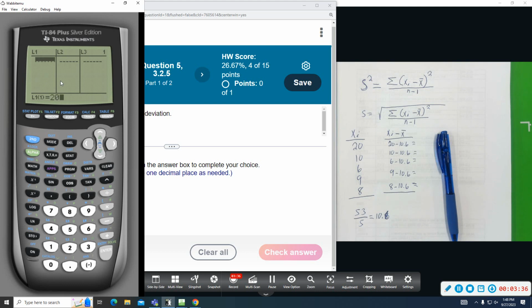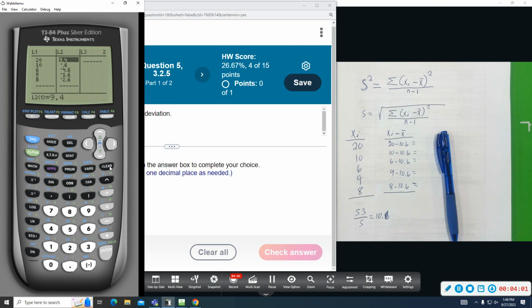So I'm going to input all the data: 20, 10, 6, 9, 8. Okay. So now I'm going to go to L2, and I'm going to tell it to take all of these values and subtract 10.6. So I'm going to say second L1, take all those values in L1, and subtract 10.6.